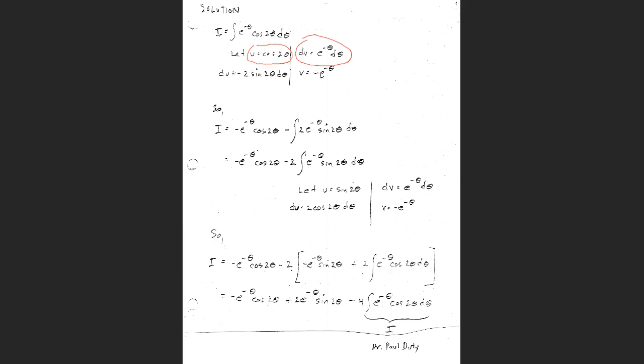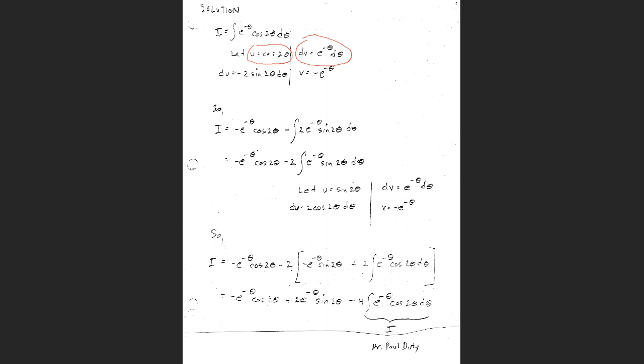Professor. Yes, Sophie. So, in deciding what to make equal to u and dv, is there a thought process that goes in your mind specifically, besides just trial and error? You said some work and some don't. Is there a way I could more accurately guess what would work? It turns out in this case that if we had let u equal e to the negative theta and dv equal cosine 2 theta d theta, that would also work.